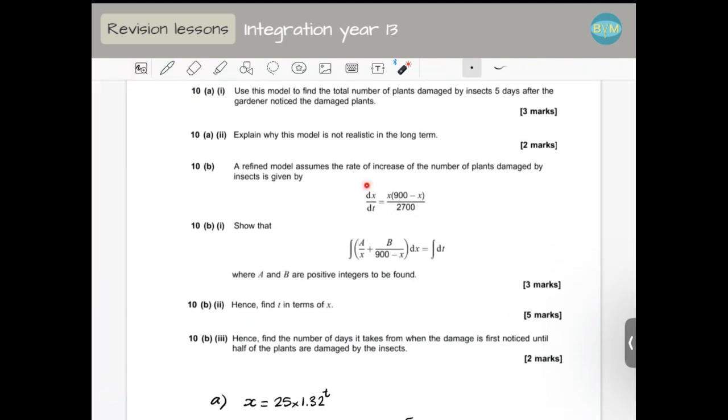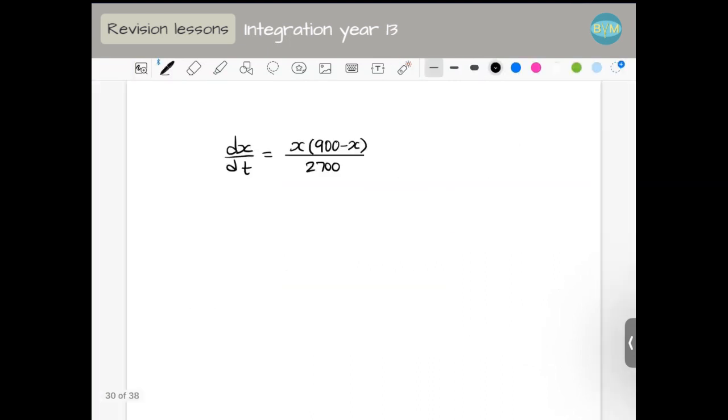If you look at this, the dt is completely alone. That means the 2,700 has gone with this part of the function. So dt completely alone and everything else on the other side. So I have 2,700 divided by x times 900 minus x, dx, equal to dt. And I'm going to integrate both sides.